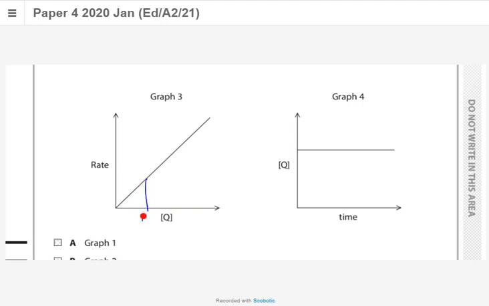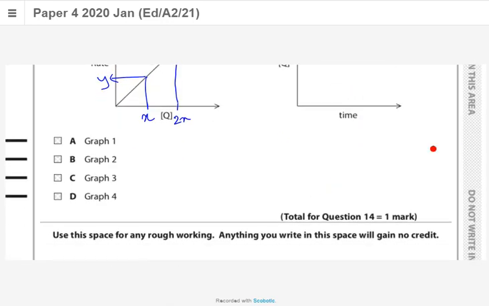Say the concentration is X and the rate is Y. When the concentration doubles, the rate also doubles. That is first order. This last one is no reaction. With time, nothing happens to the concentration. So graph 3.